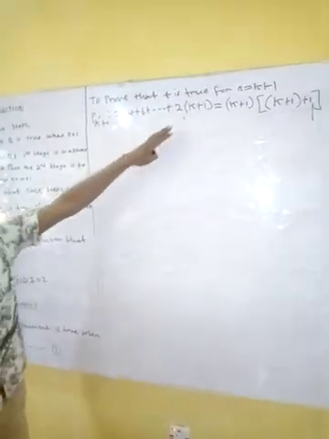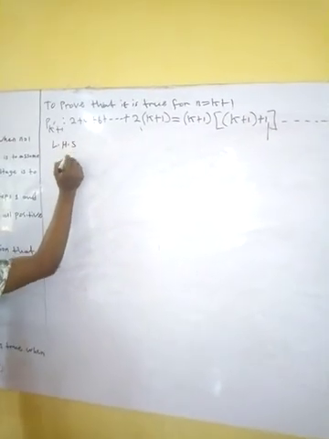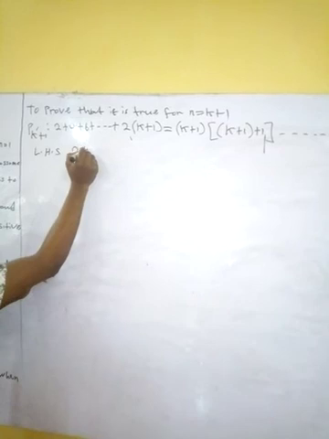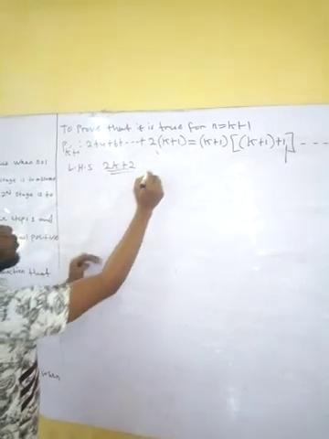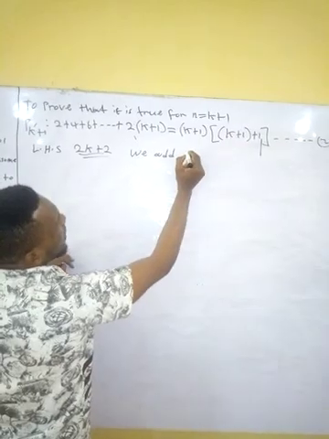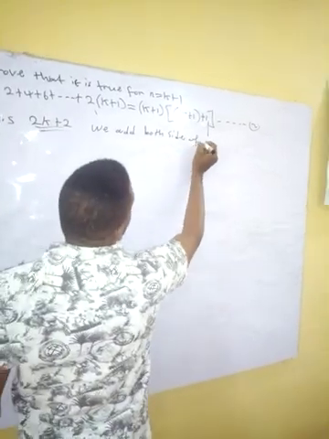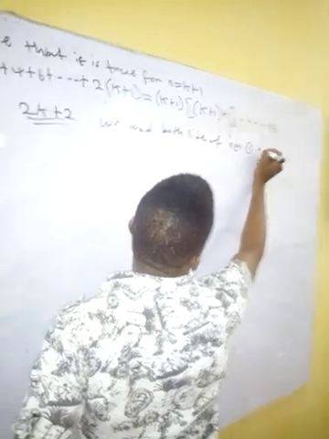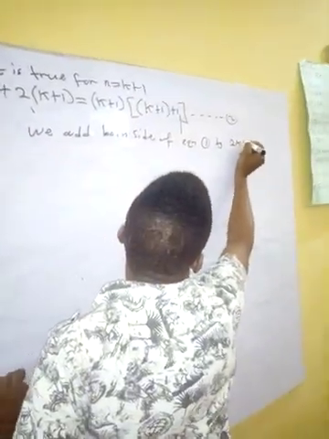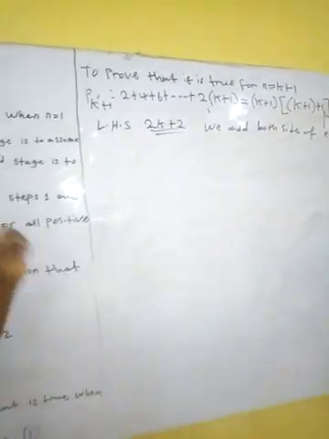From here now, we have to use the left hand side. We arrange it. We have 2k plus 2. Now, to prove, we add 2k plus 2 to both sides of equation 1.